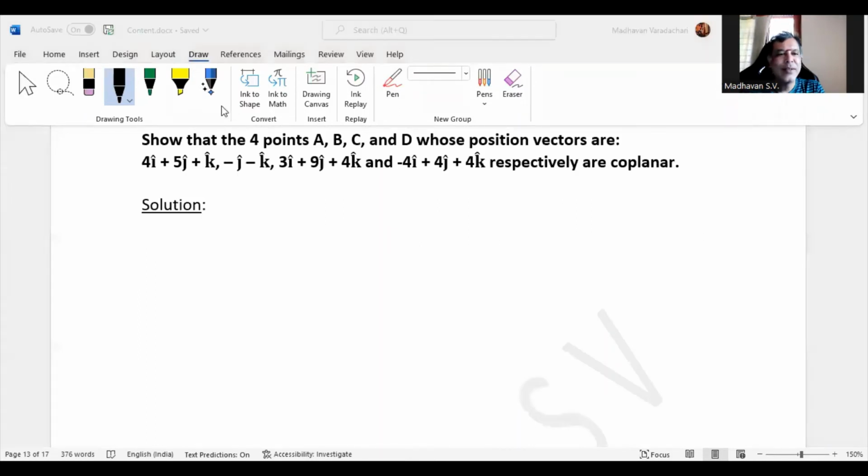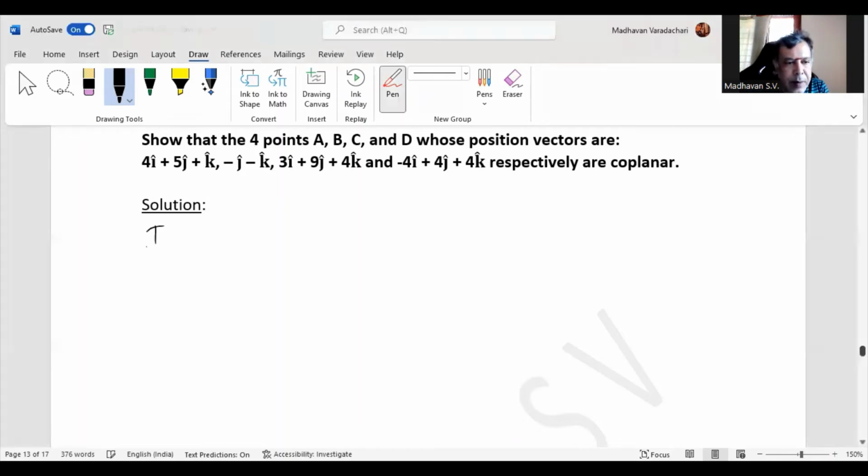This question says, show that the 4 points A, B, C, and D, whose position vectors are given as 4i cap plus 5j cap plus k cap, minus j cap minus k cap, 3i cap plus 9j cap plus 4k cap, and minus 4i cap plus 4j cap plus 4k cap, respectively, are coplanar.